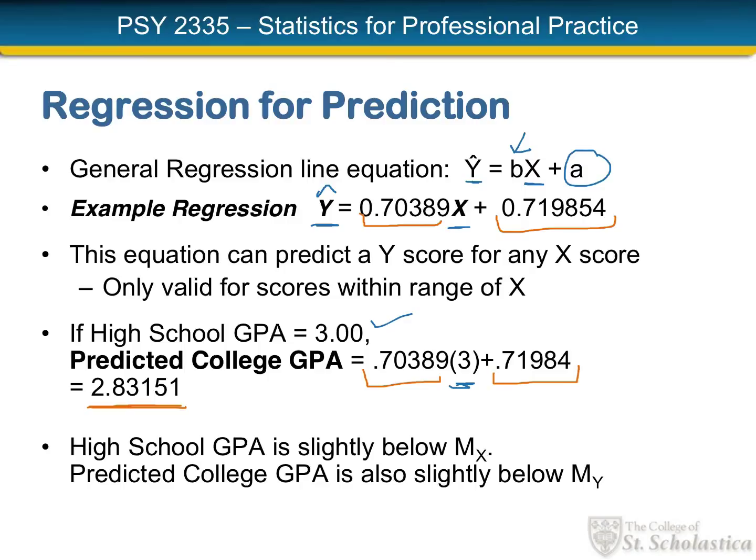And this makes sense. The high school GPA that we began with, 3.0, was slightly below the mean, which was 3.14, and the predicted college GPA is slightly below the mean of college GPAs, which was 2.93.